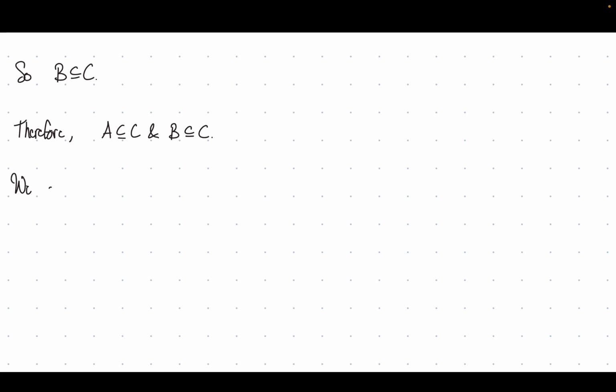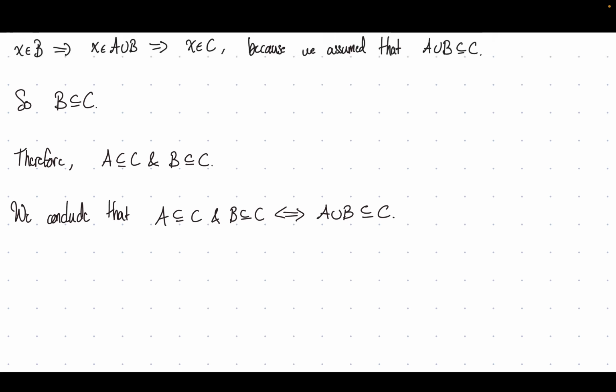So we conclude that A is a subset of C and B is a subset of C if and only if A union B is a subset of C.